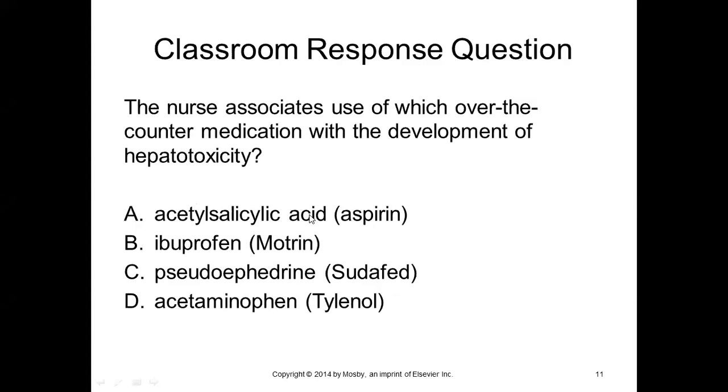Acetylsalicylic acid. Is it aspirin? Aspirin, but the chemical name is acetylsalicylic acid. Aspirin we use for pain. Aspirin we use for fever. Aspirin we use for heart problems, right? It has properties to protect your heart.